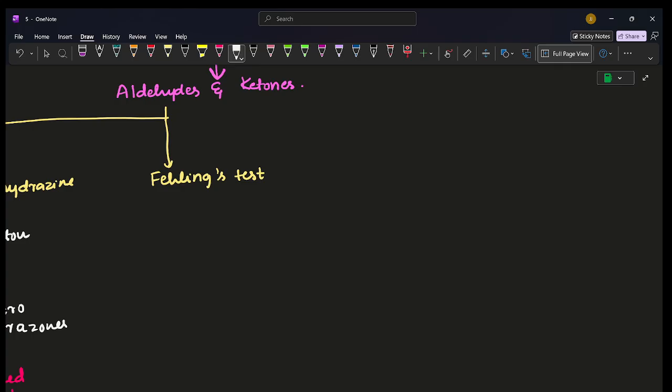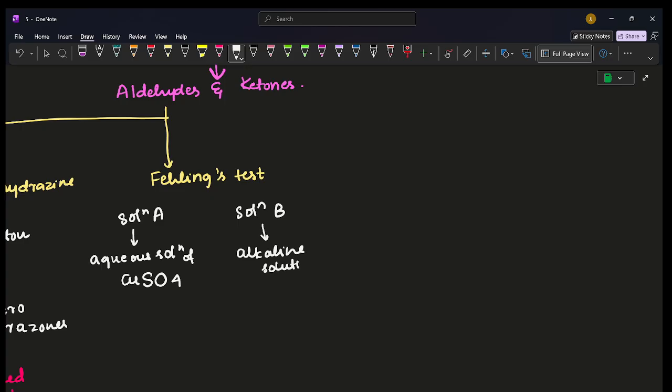So Fehling's reagent is a mixture of freshly prepared Fehling solution A as well as Fehling solution B. A solution is basically an aqueous solution of copper sulfate, and B is basically an alkaline solution of sodium potassium tartrate.